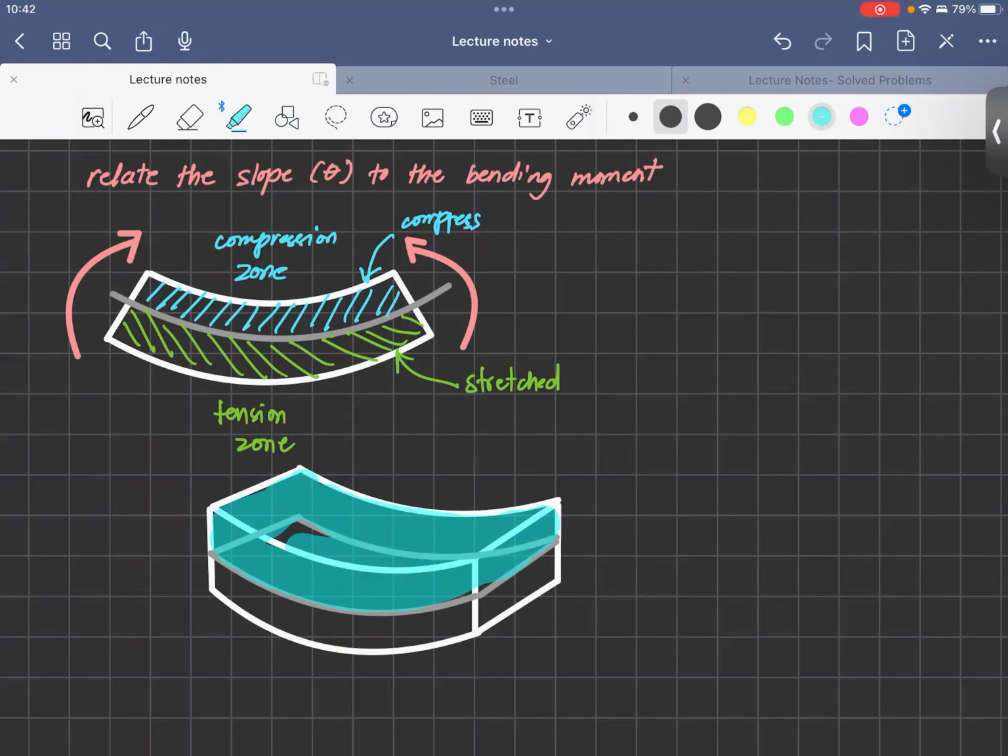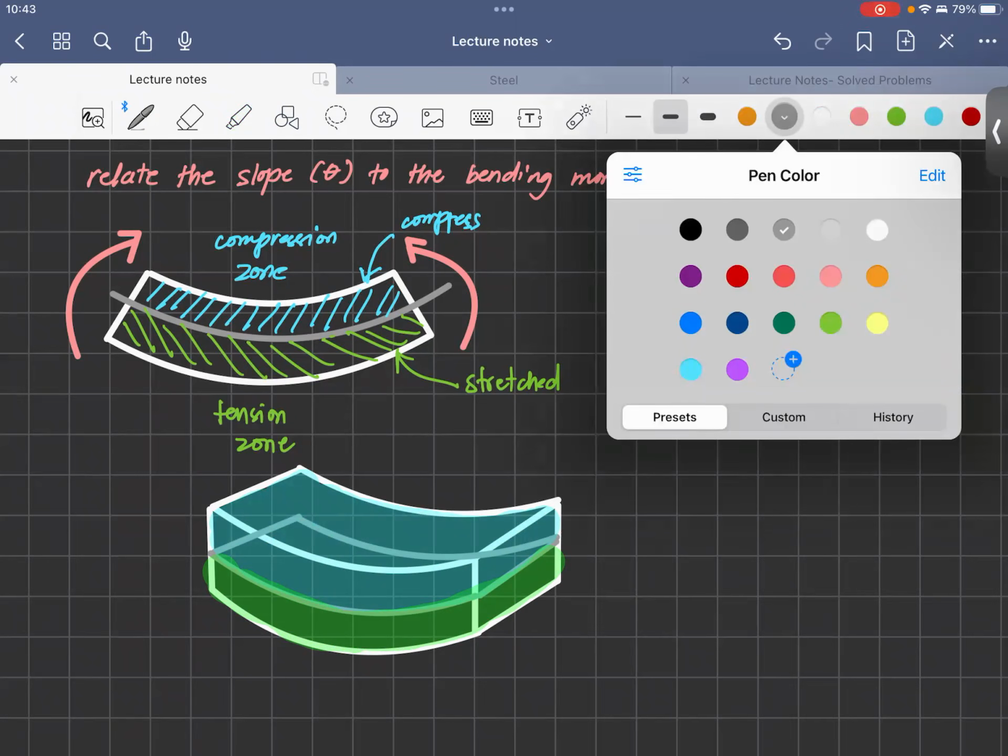All of this is under compression, or the fibers shortened. And the bottom is the tension zone, where the fibers stretched. Then there's an area here wherein the fibers of the beam did not change. This is it.